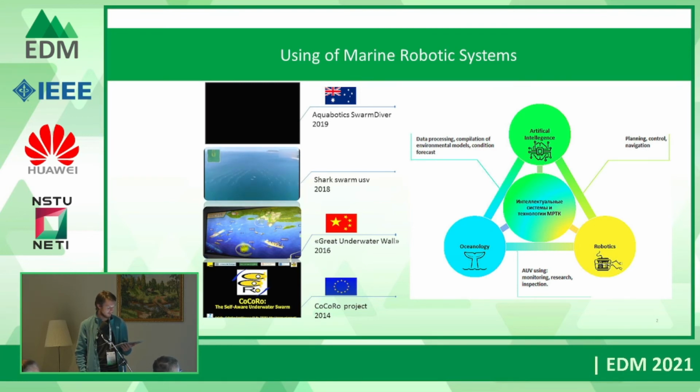Emerging marine robotic developments will afford scientists advanced tools to explore and exploit the oceans at an unprecedented scale in a sustainable manner. Here you can see different projects of different countries, like the Chinese Great Underwater Wall and others. It's all automation robotics without pilots.